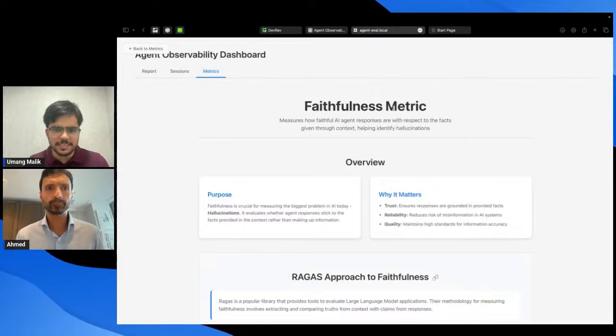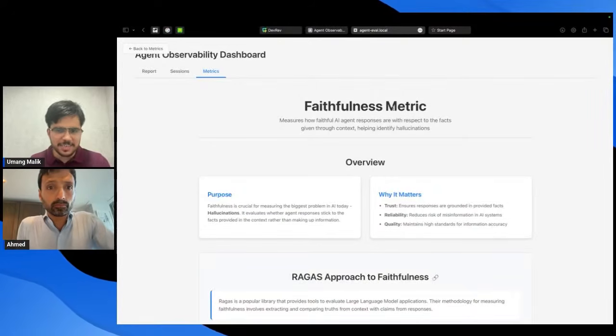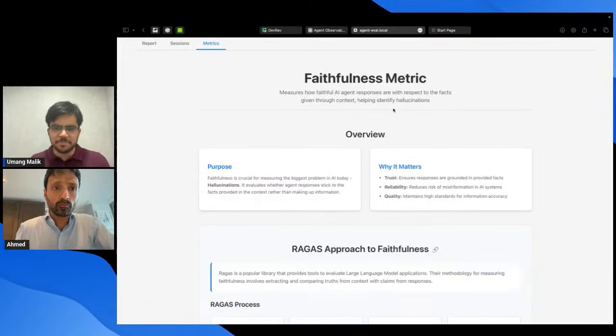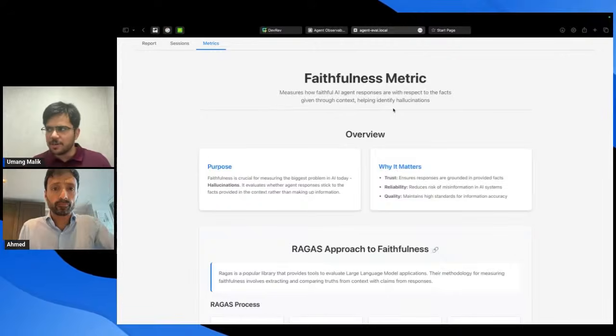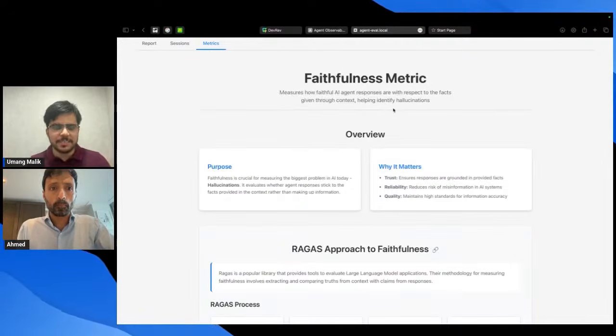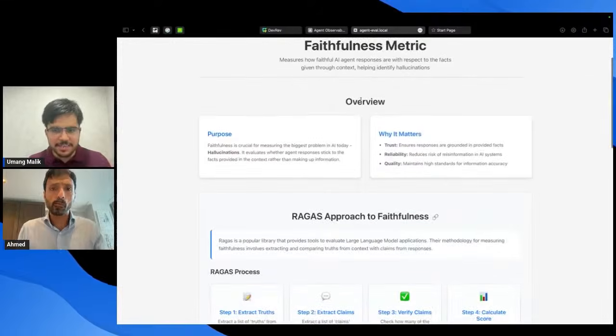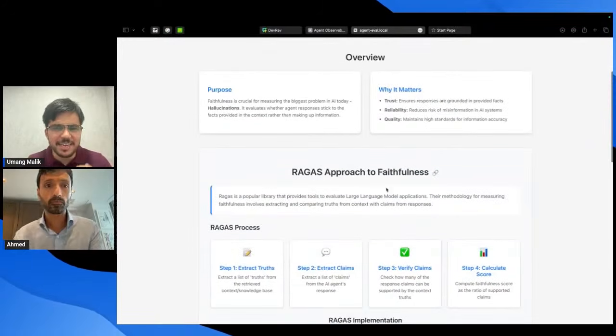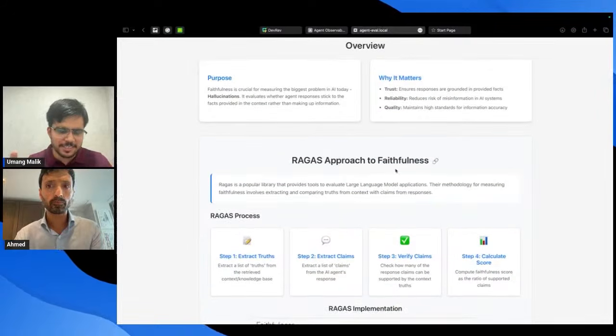In fact, faithfulness is also called groundedness in a lot of contexts, and it measures hallucinations, which are perhaps the biggest problem with LLM models as of today, where they can make up facts, or a lot of times they make certain assumptions about the situation which is not present as part of whatever knowledge base or tool calls they have access to. So it's a very important metric, especially because as of today it fails a lot of times.